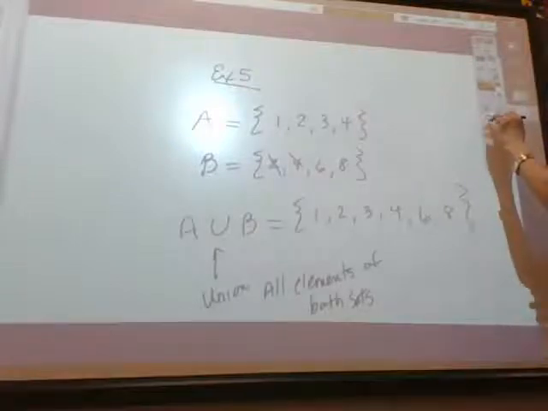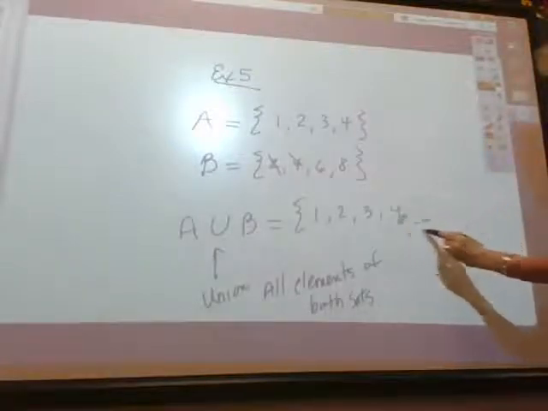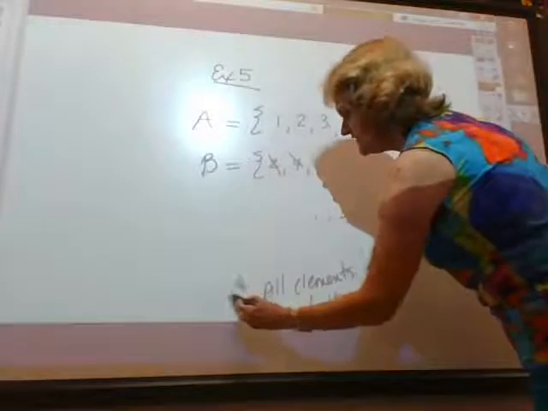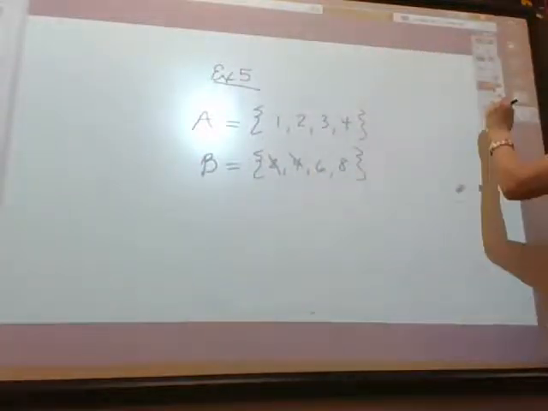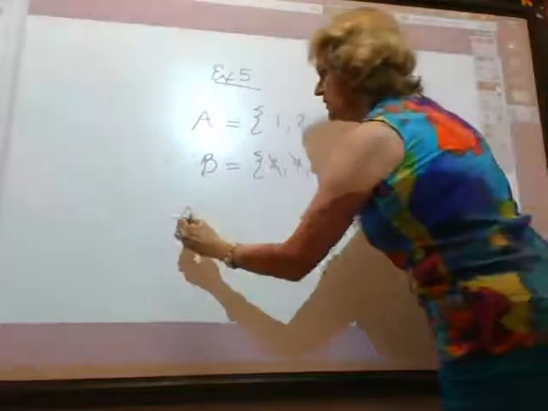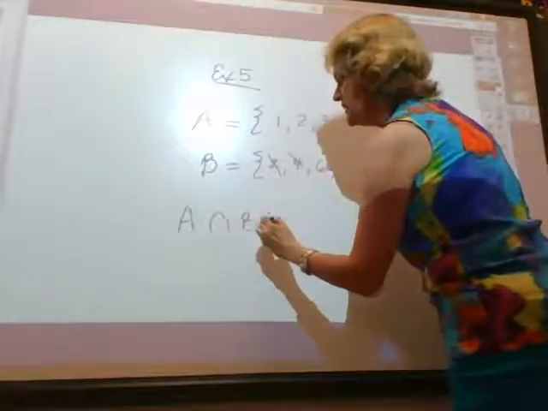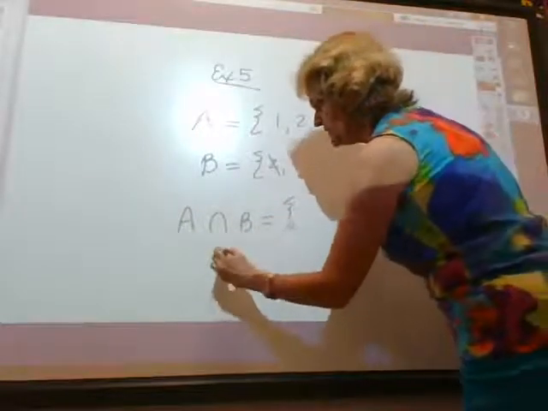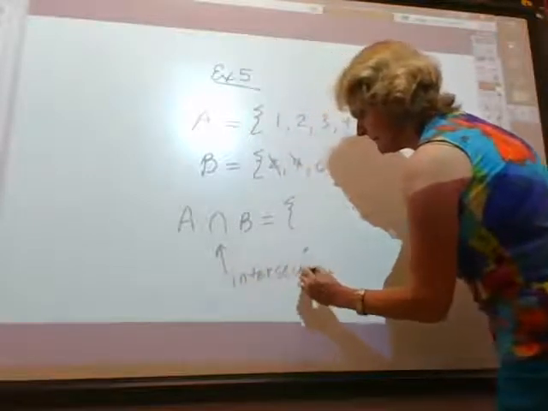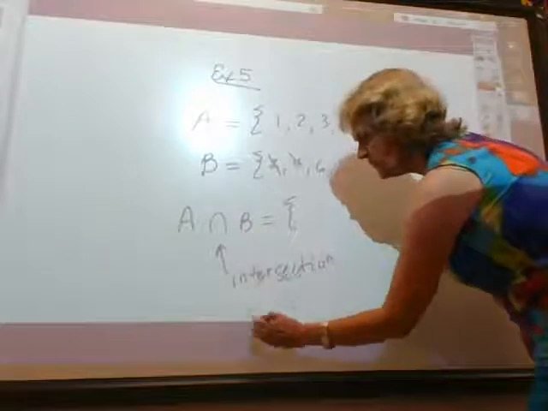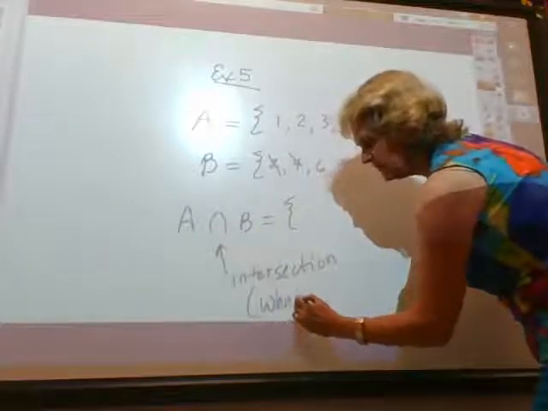Now, the other that you would want to know is the intersection. So that's an upside down U. So this symbol is intersection. And it's what they have in common.